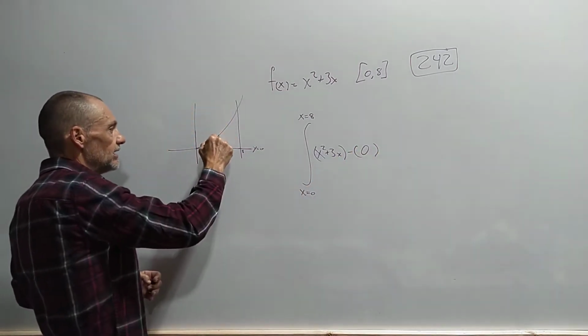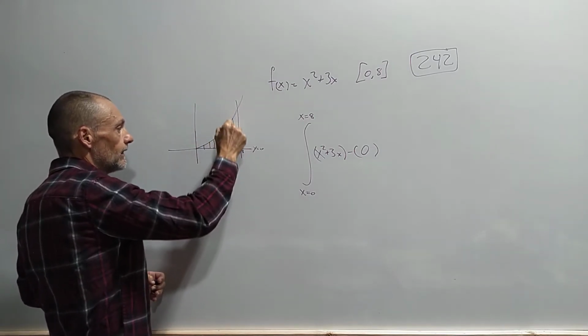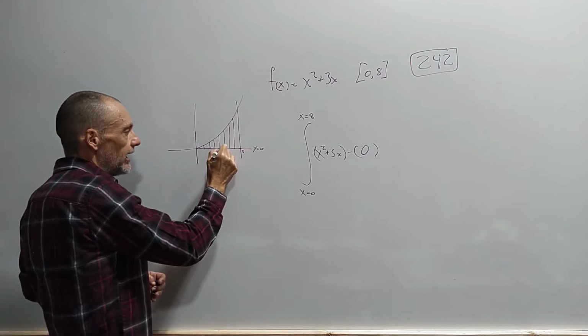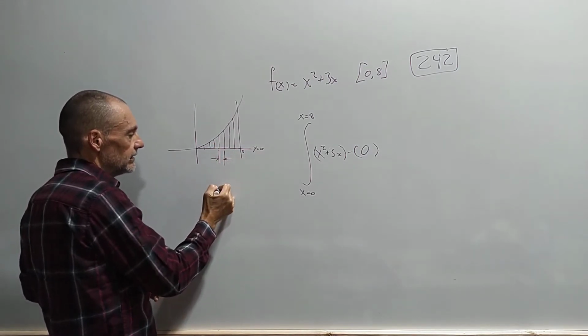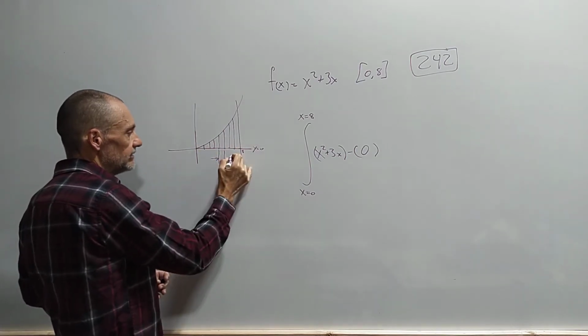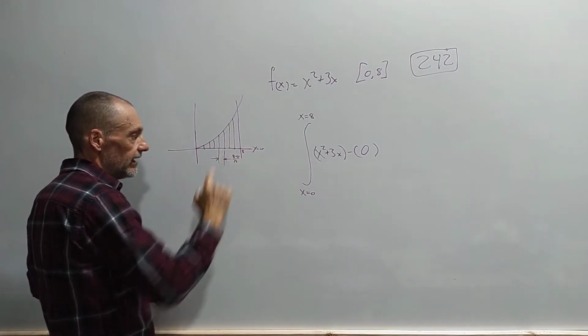So our lower function here is 0. We're going to chop this thing up into n rectangles, okay? And we're going to let this be b minus a, so this would be 8 minus 0 over n, right? We're going to let n approach infinity.